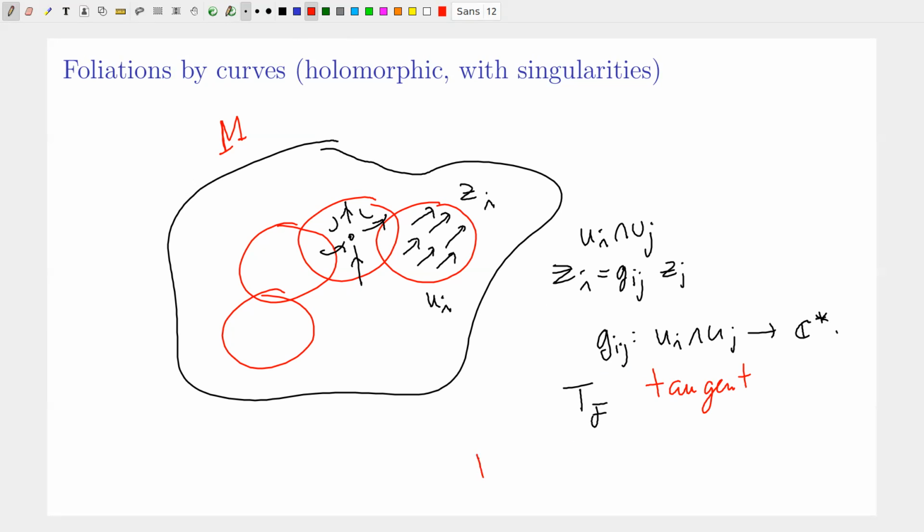We have its dual, that's usually called the canonical bundle of the foliation, and it's the space whose sections are the one-forms along the leaves of the foliation. Okay, so this is what I mean by foliation by curves.